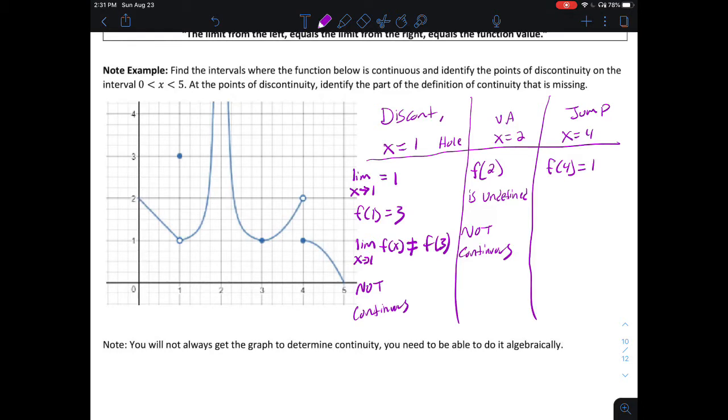However, the part that fails is the fact that the limit doesn't exist, because the limit as x approaches 4 from the left does not equal the limit as x approaches 4 from the right, so the overall two-sided limit can't exist. So the limit as x approaches 4 for f of x does not exist, and because of that, it's not continuous.